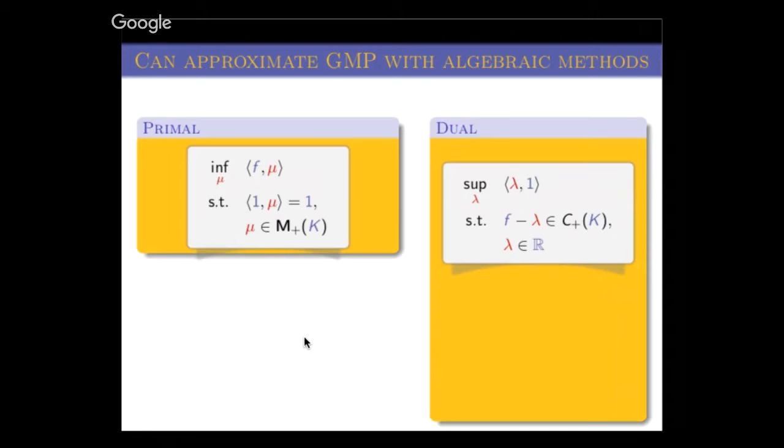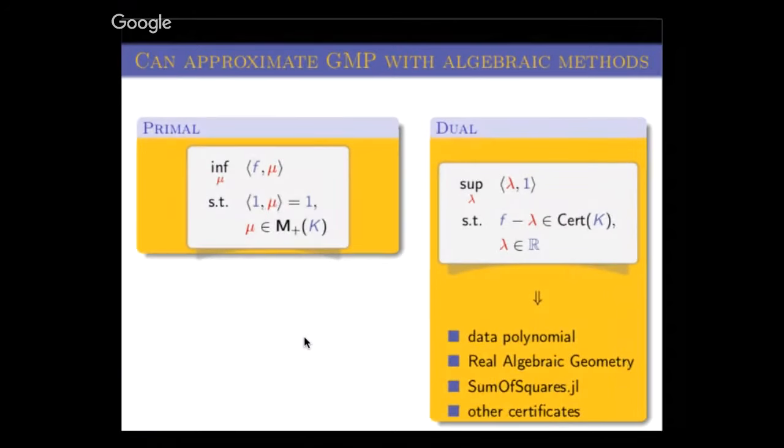So what can we do? We can use certificate sets from real algebraic geometry, for example sums of squares, but there are other certificates. And the good thing with this is these certificate sets are computable by LP, SOCP, SDP. Yes, projected SDP. So this is computable.